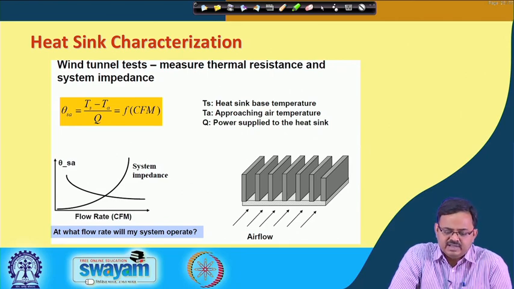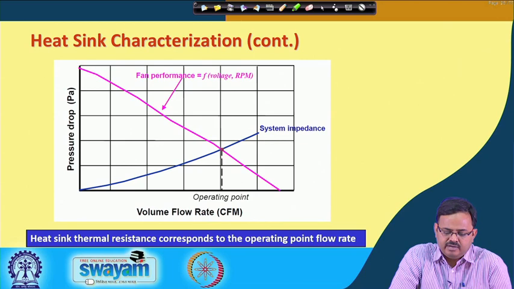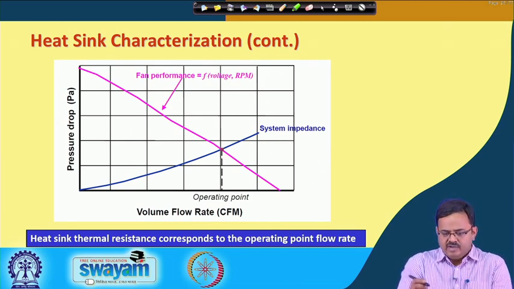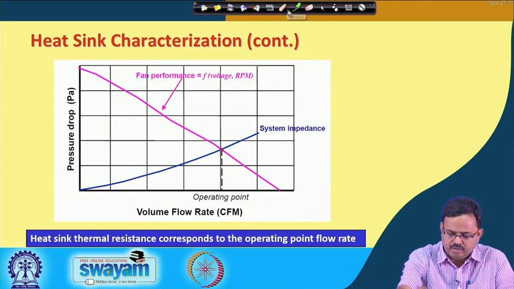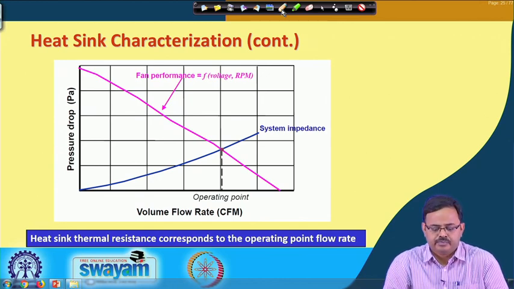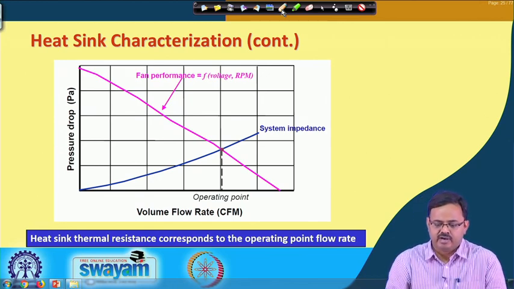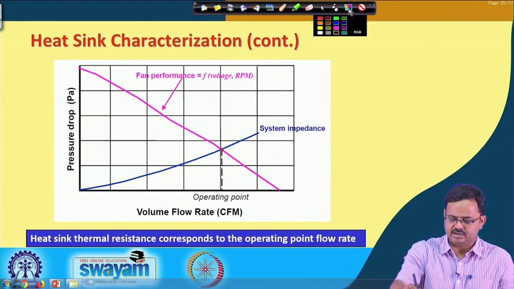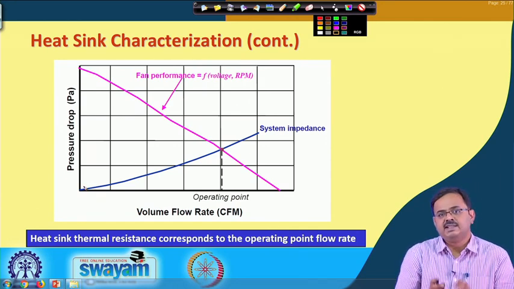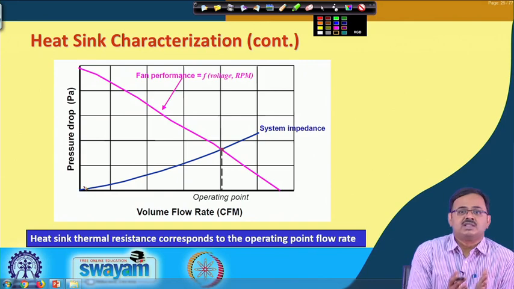Okay. Now, that being said, if I now tell you that I am going to change the heat sink. This is not good enough. I change the heat sink such that my thermal resistance is not good enough.